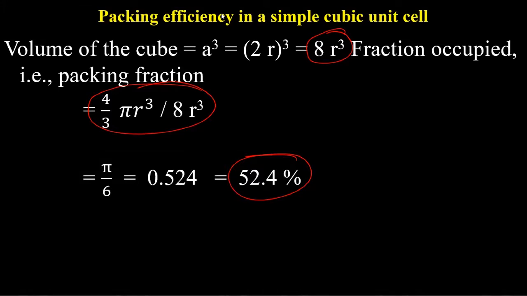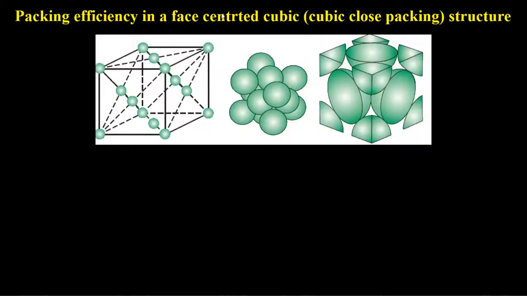So in those cases, obviously the side will not be 2r, and we will have to calculate the side with the Pythagoras theorem. I'll tell you how. Suppose this one is face-centered cubic. First try to visualize it, only then will you be able to understand.